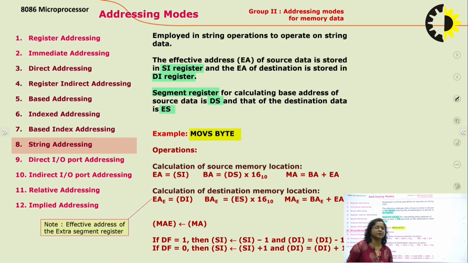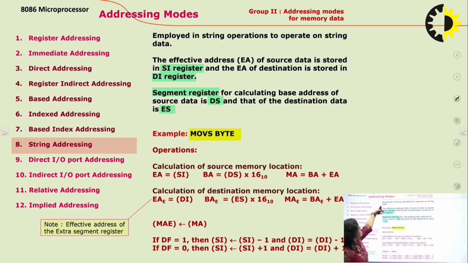Now we move towards another set of instructions, that is string instructions. In 8086, string instructions are a class of instructions wherein the microprocessor accesses a set of data and copies it from a source location to a destination location. In string instructions, the effective address of the source is specified in SI, the source index register, and the effective address of the destination is specified in DI, the destination index register.